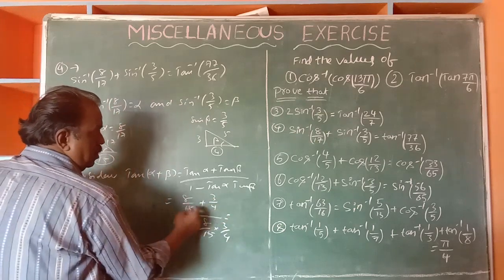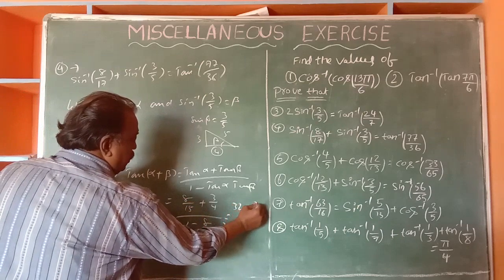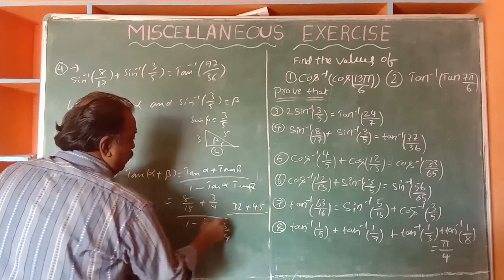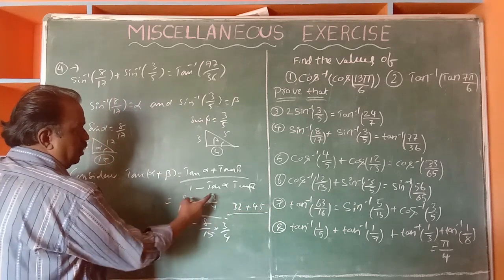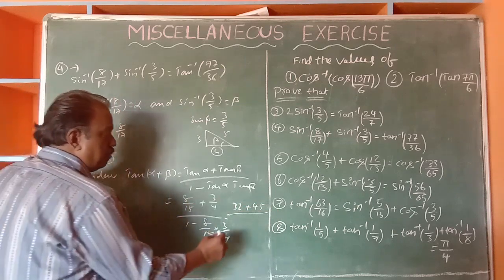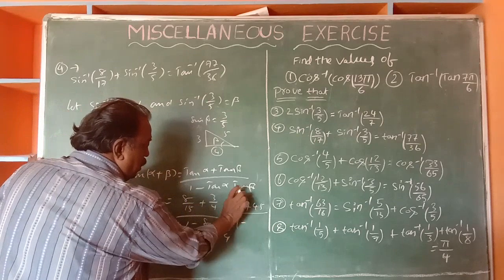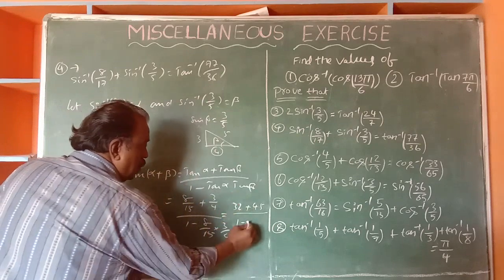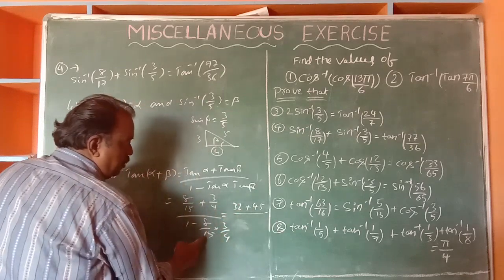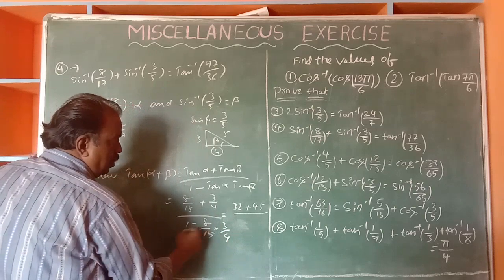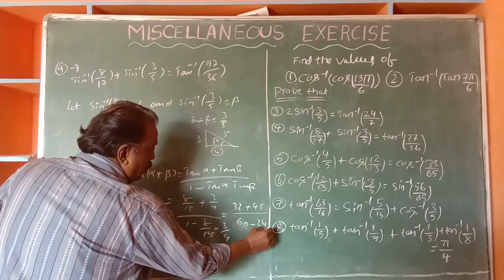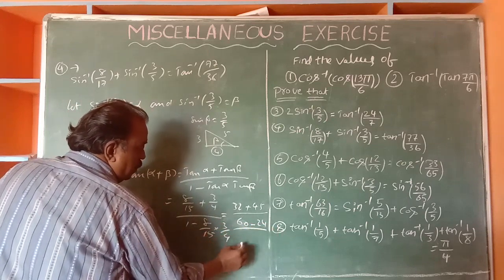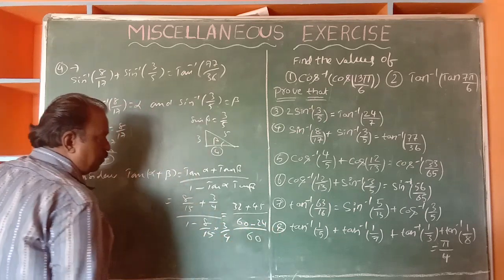The LCM gives 32 plus 45. Okay now, 8 times 4 is 32, 15 times 3 is 45, over 1 minus, that is 15 times 4 is 60, minus 8 times 3 is 24, by 15 times 4, 60.